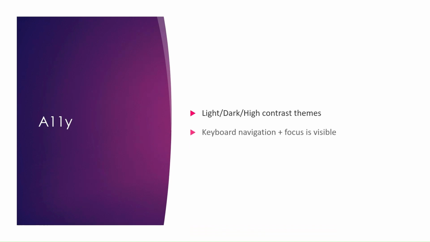The next important topic is accessibility. Having light, dark, and high contrast themes in a web page can improve accessibility for users with visual disabilities, such as low vision or color blindness, by providing options that are easier for them to read.